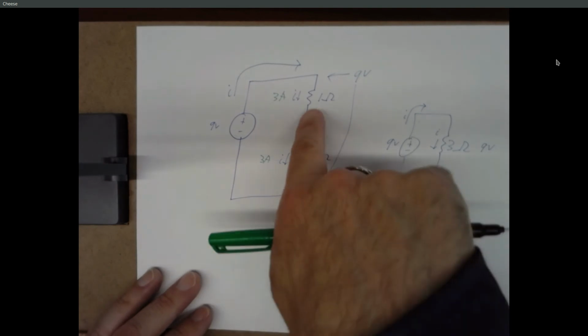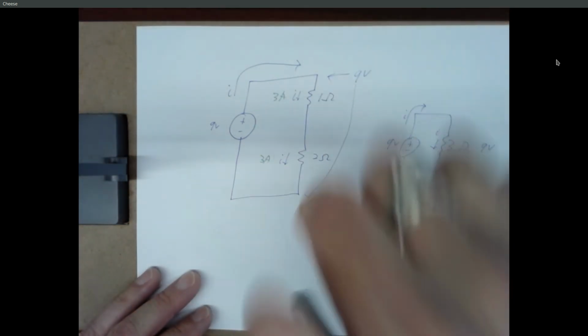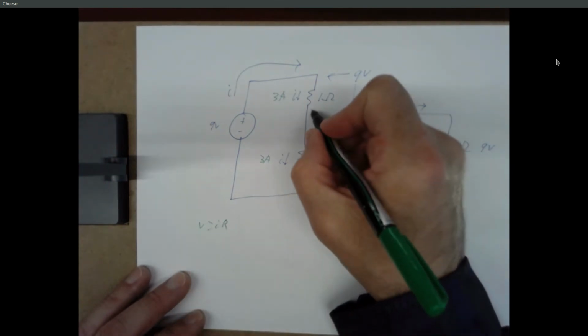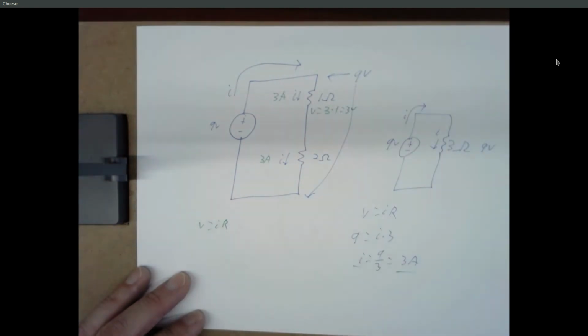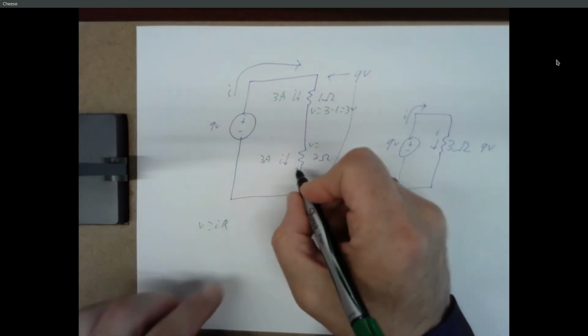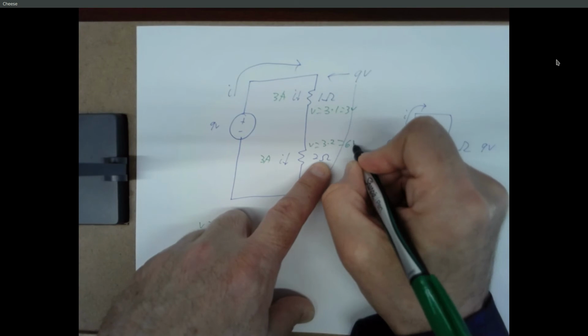Well, now we know the current and the resistance, we can find voltage. So we know V equals I times R. So up here we can say V is equal to 3 times 1, which is 3 volts. And here we can say V is equal to current times resistance, which gives us 6 volts.